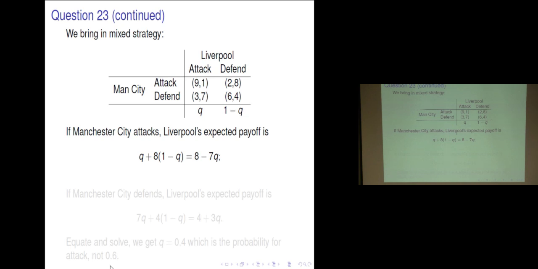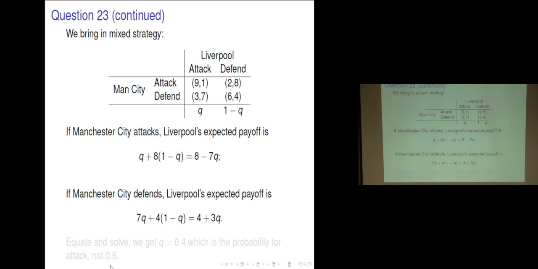Now suppose Man City chooses to defend, the second strategy. Liverpool's expected payoff: with probability Q, he gets 7, so it's 7Q, plus 4 times 1 minus Q. So it's 4 plus 3Q. These are the expected payoffs, right?